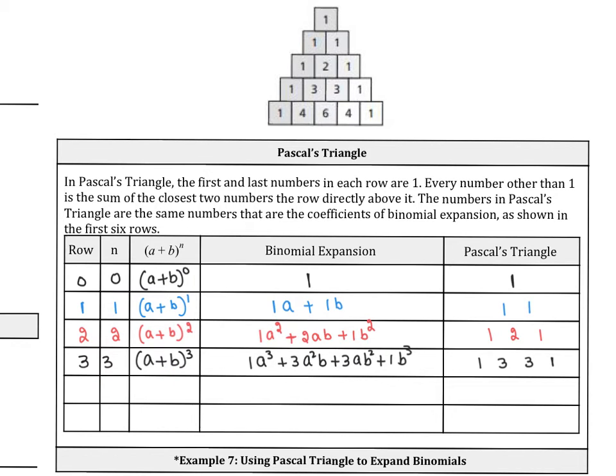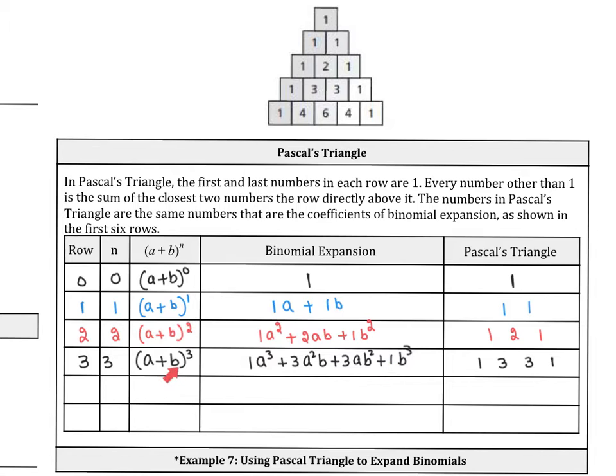So by the fourth step, which is when the power is 3, you can see the pattern that always the first term starts with a at the highest degree, that is 3. And then once you start with the highest degree a to the power 3, after that a starts to go down in power. So we start with a cubed, and then it's going to be a squared, then a, and then no a.